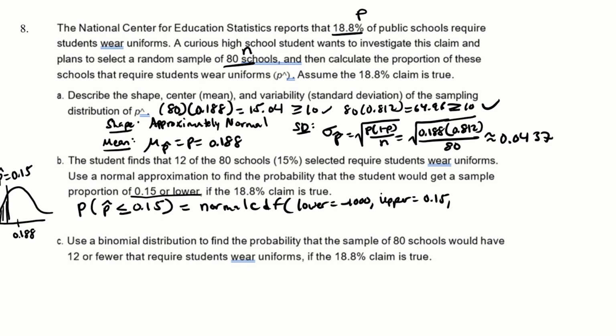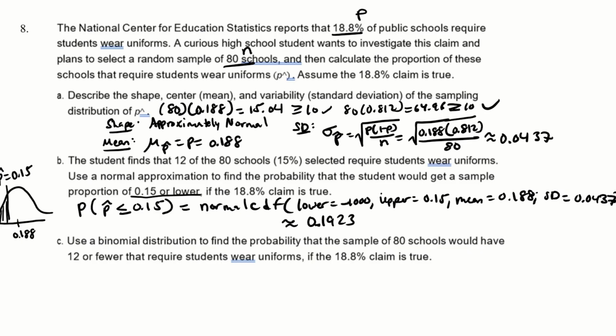Our mean is 0.188, and our standard deviation is 0.0437. If I calculate that, you should get approximately 0.1923.